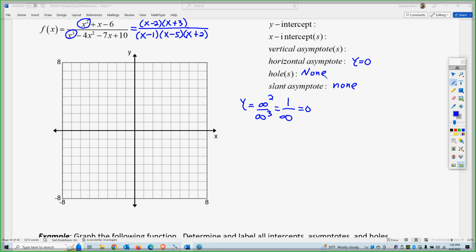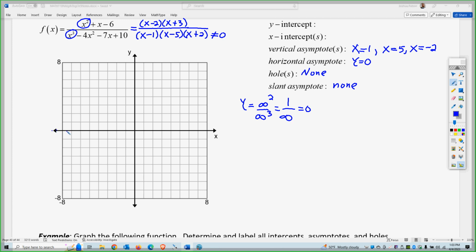However, we do have vertical asymptotes, right? Because these cannot equal 0, correct? So my vertical asymptotes are x equals 1, x equals 5, and x equals negative 2. All right, now we have enough information to make the regions of the graph.